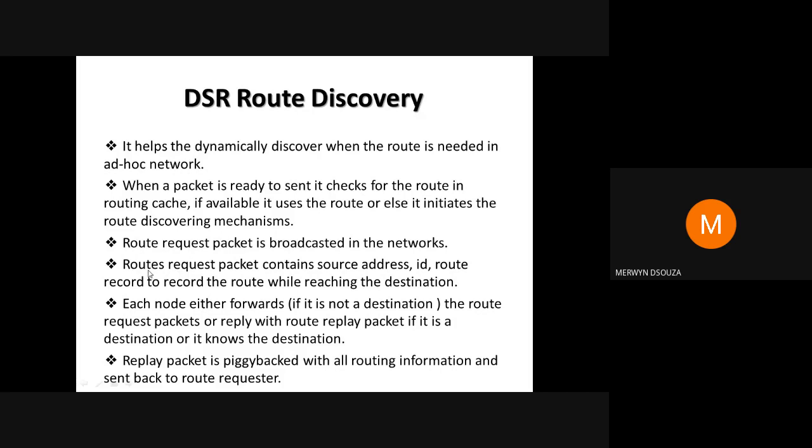The route request packet will contain the source address, the address of the source node, some ID associated with that, and one entry wherein it will record the route. So it will record the entire route till it reaches the destination. Let's see how the route discovery works.